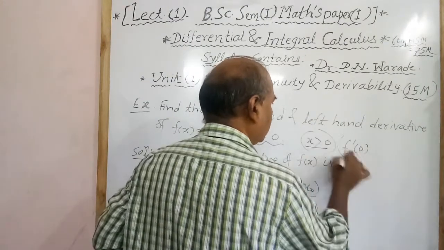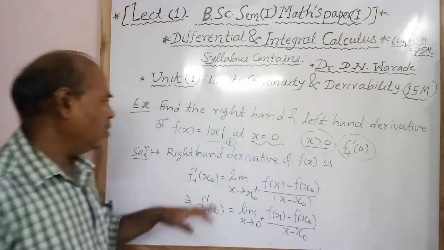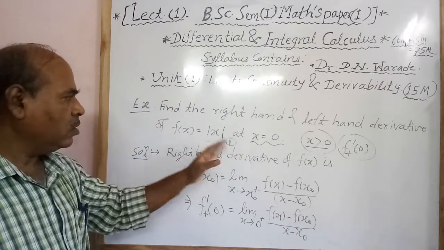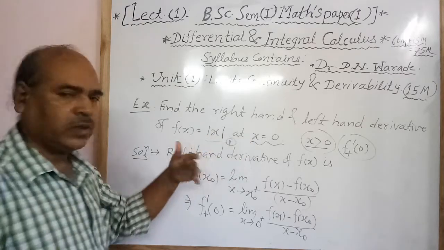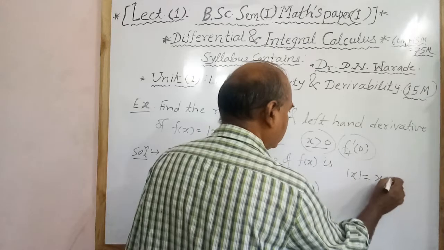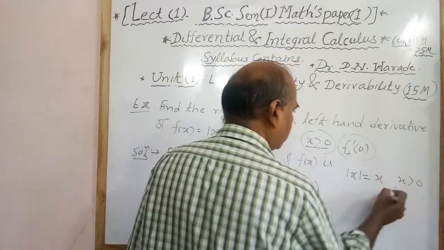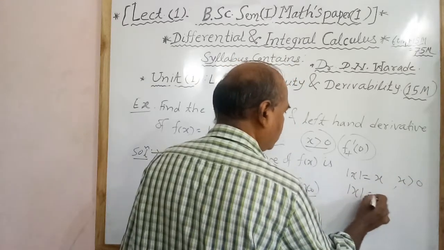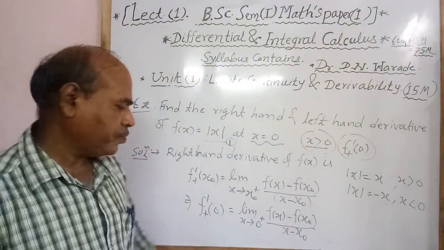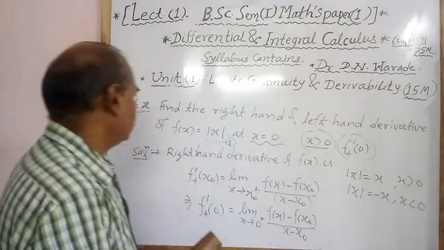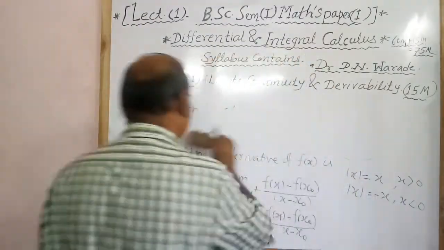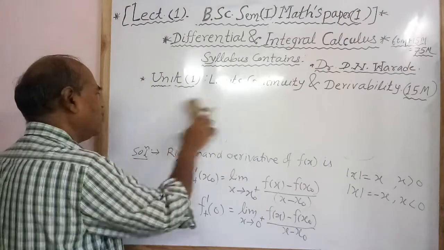For the right hand values, mod of x equal to x, and for the left hand values, mod of x equal to minus x. Mod of x equal to x for x greater than 0, and mod of x equal to minus x for x negative.